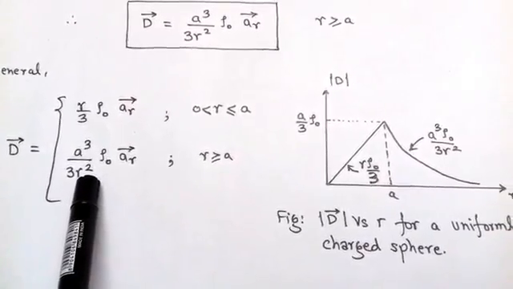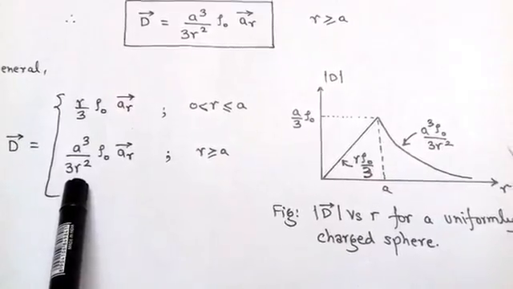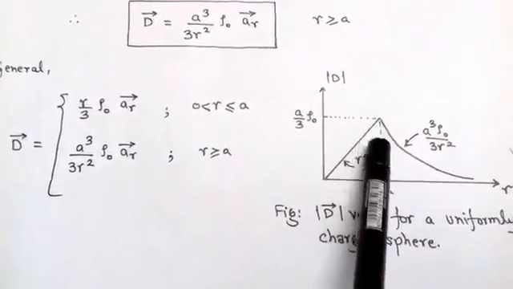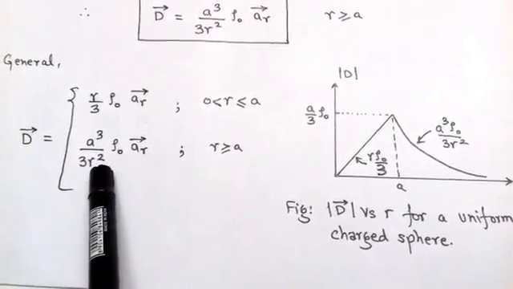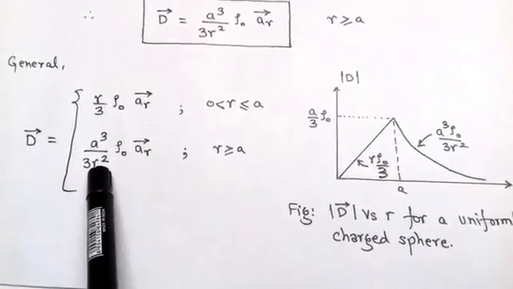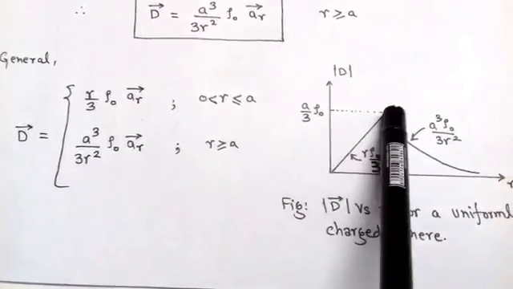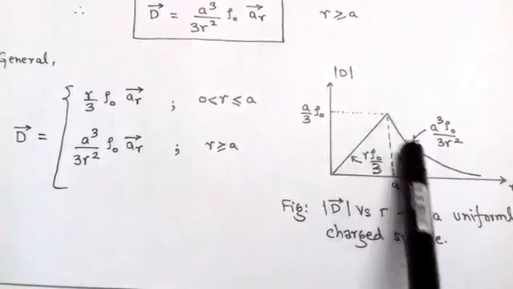So it is a non-linear graph, and at r equals infinity, 1 upon infinity is 0. So the graph tends towards 0 at infinity. So this is the graph between the magnitude of vector D versus distance r.